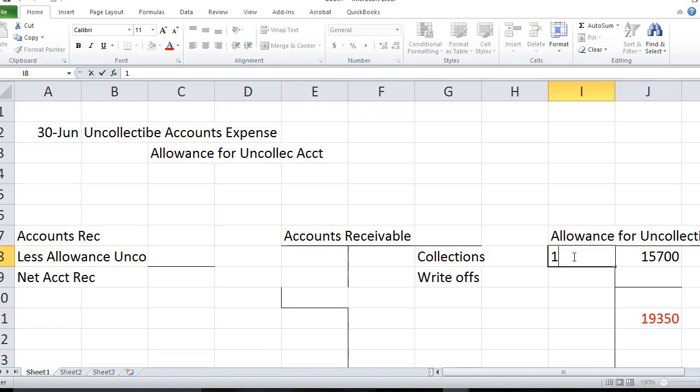We wrote off $17,500. So we have right now, prior to this $19,350, a debit balance of $1,800, don't we? What journal entry do we need to do to end up with a balance of $19,350?